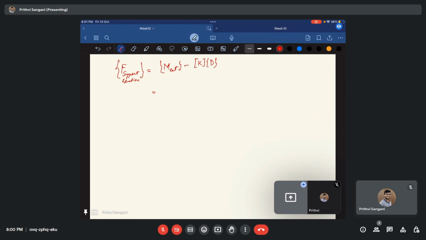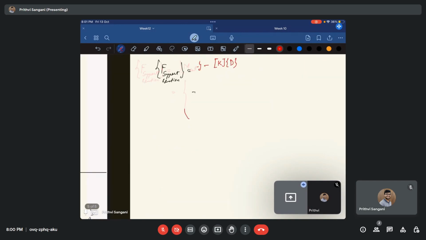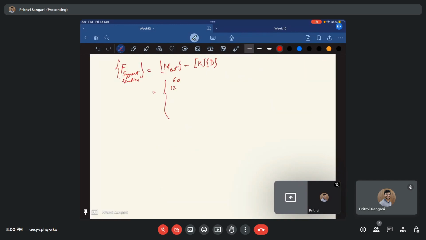So M external is going to be 60, 120, 60 and minus 120.